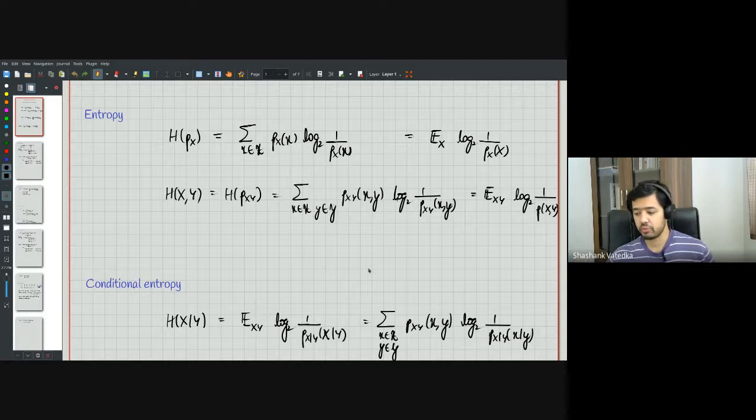Because, for example, if x is totally uniform, right? If you have a random variable with finite support and it's completely uniform, then the entropy is maximum. If it is not uniform, then the entropy will be lesser. And in particular, if it is deterministic, so if all the probability mass is put on one particular point, then the entropy is equal to 0.